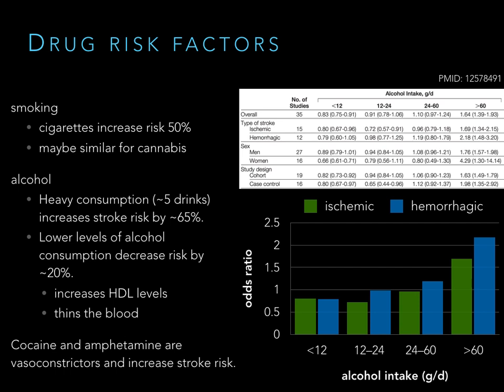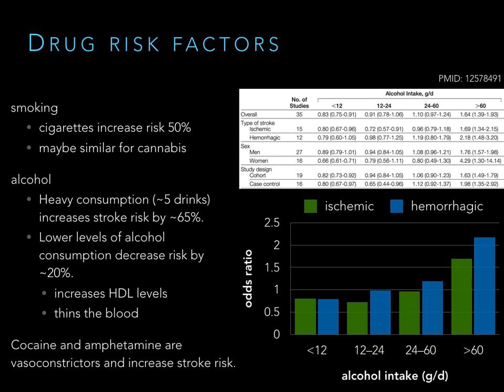At the 1 or 2 drinks per day range, there may be a decreased risk of stroke, perhaps a 20% decrease in risk, and this may have to do with the blood thinning effect of alcohol.